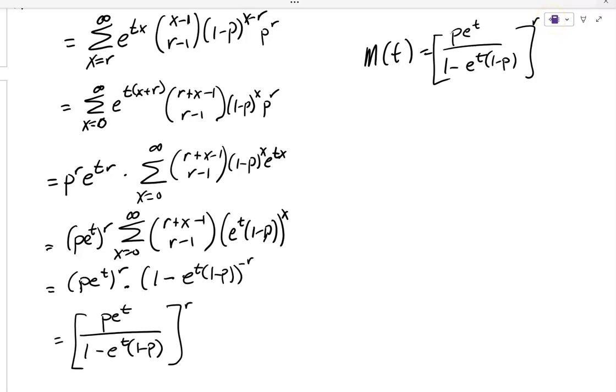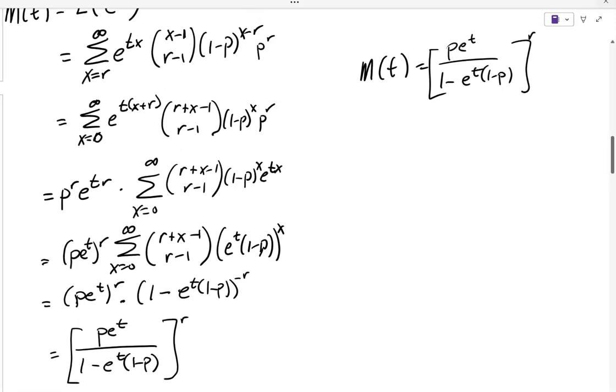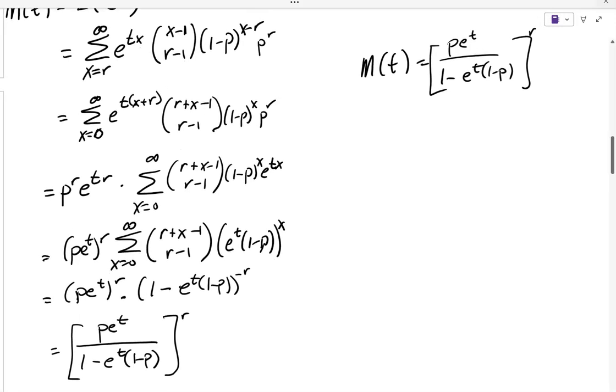Remember, for moment generating function, we can take the derivative, plug in 0, get the mean. Take the second derivative, plug in 0, get E of X squared. But given this quotient and then a big power, it might be easier to do the log. Remember that trick we did? Take the log of it and then take the derivative? Remember doing that? Okay.